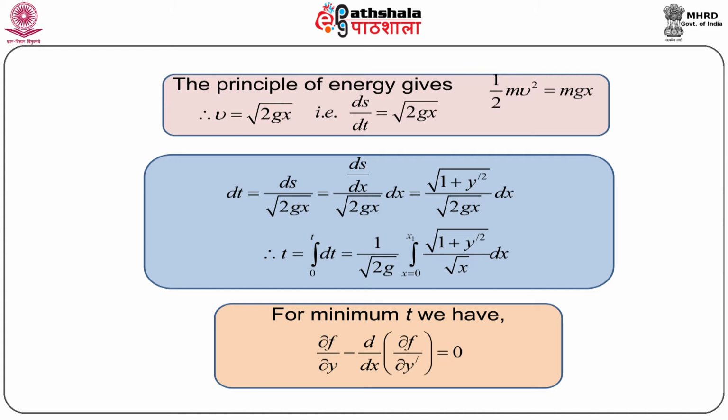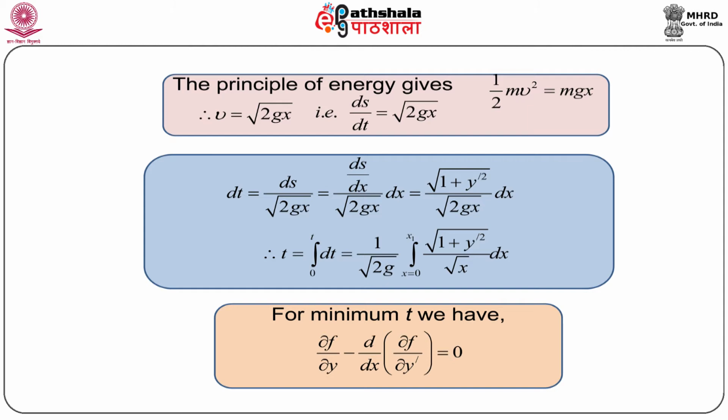This can be written in this way. If we write this as this, then we get it into dx. Since ds/dx is given by this one, we replace this portion by this and get this result. Now, integrating this relation, we get t. Please note that we are integrating from 0 to t. This corresponds to x equal to 0 to x1.